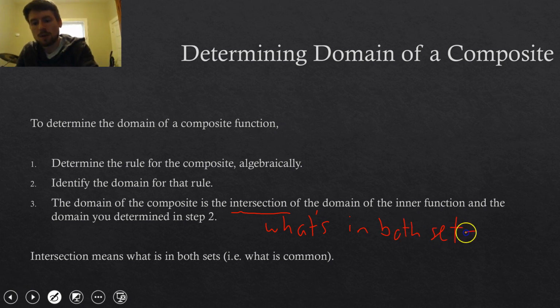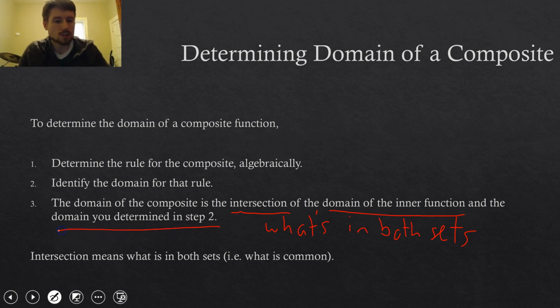That's what's common. Okay. So we're looking at the inner function's domain, and we're looking at the domain that we determined from the composition rule, and then gluing them together into one domain, and that will be the domain of the composition. Okay, so that's pretty much it. That should get you there most of the time.